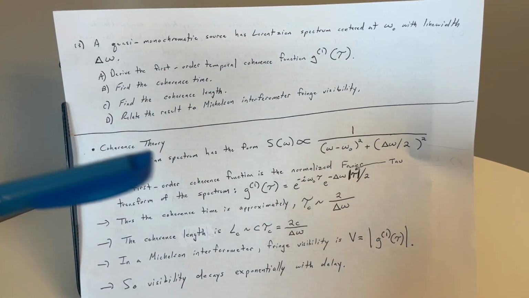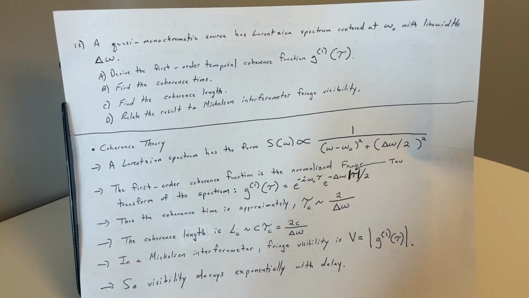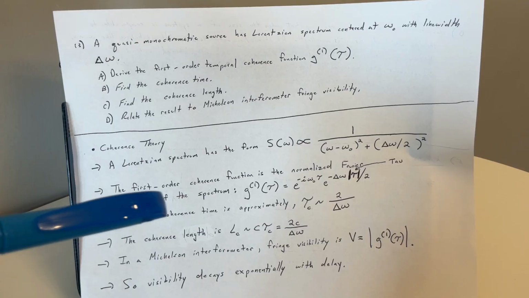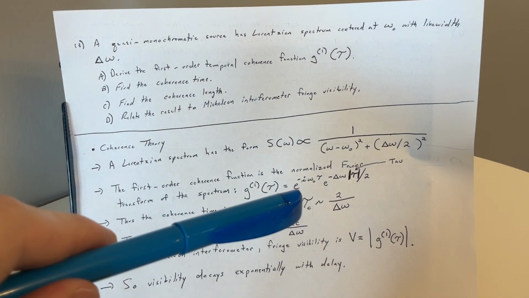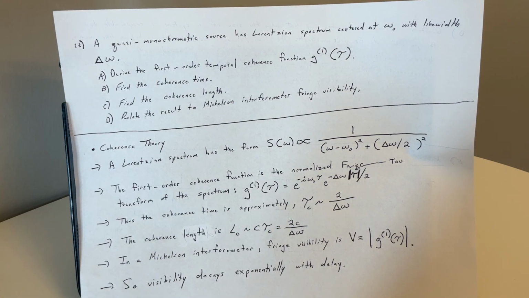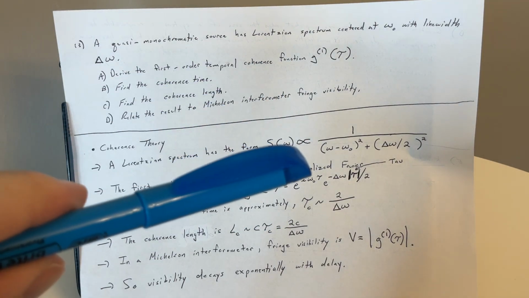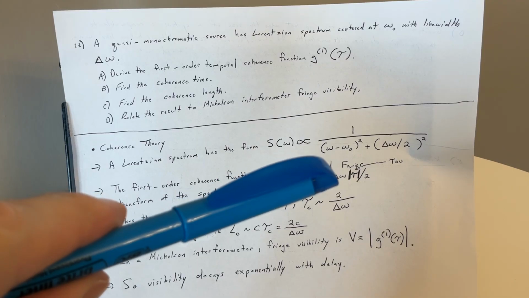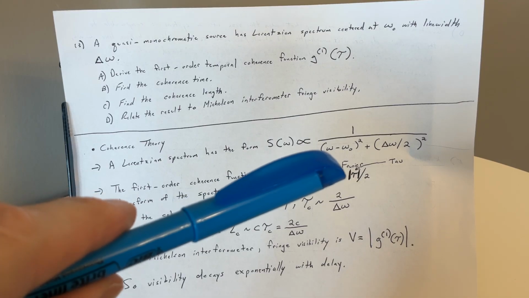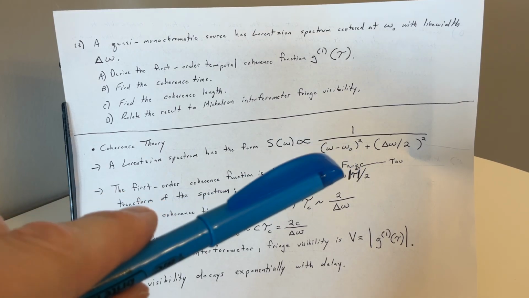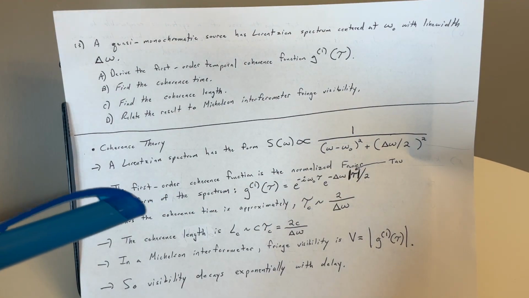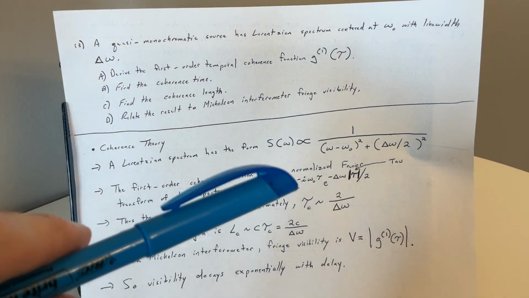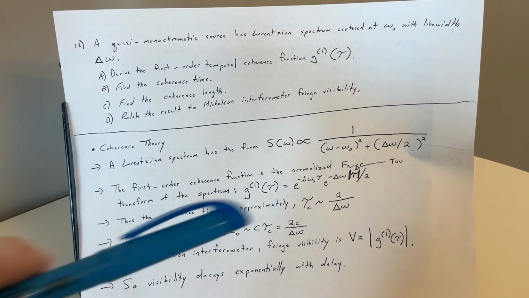The first order coherence function is the normalized Fourier transform of the spectrum. So we get e to the negative i omega naught tau times e to the negative delta omega magnitude of tau over 2. Thus, the coherence time is approximately tau sub c approximately 2 over delta omega.